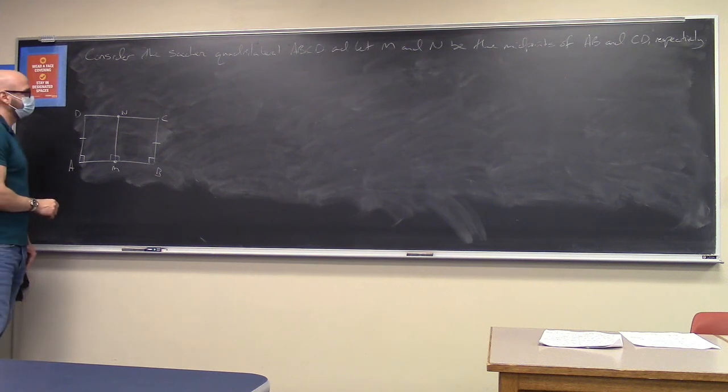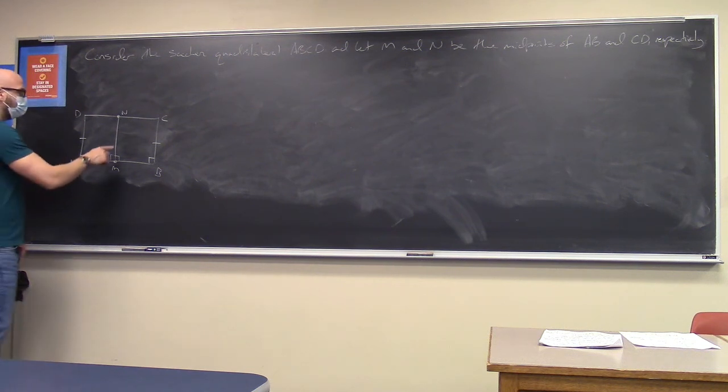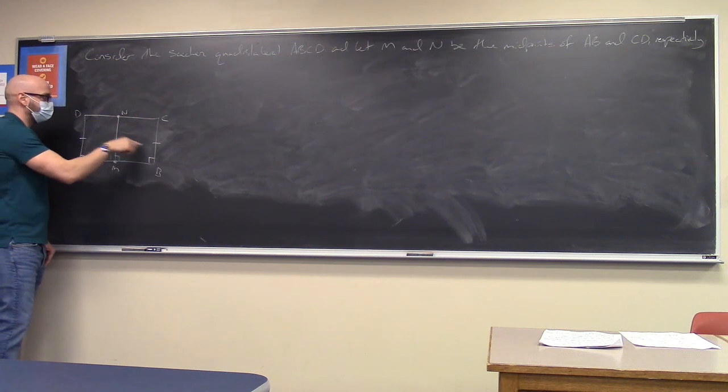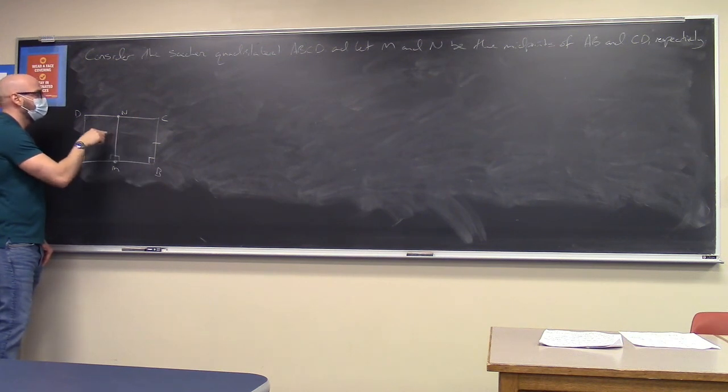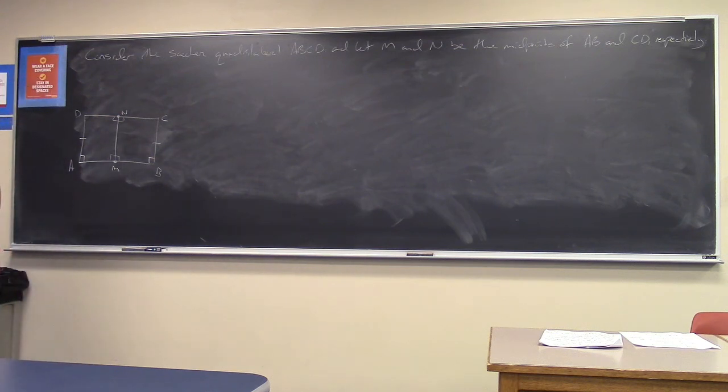And we also had by SAS that these two are congruent. Because this is linear, those must be right angles as well. So we'll just complete the picture. I think we've proven that stuff.